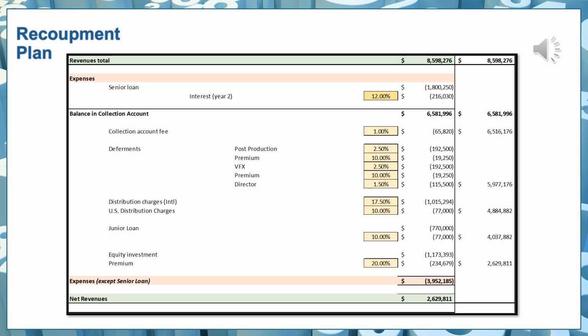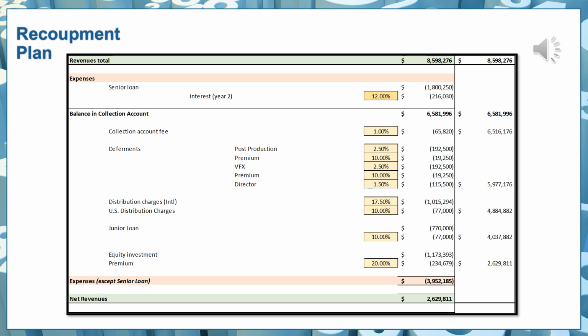So the balance that is in the collection account after the loan and the interest have been paid is going to be subject to collection agency fees. So the balance is 6,581,996. The collection agent charges 1% of that, leaving us with 6,516,176 in the collection account.